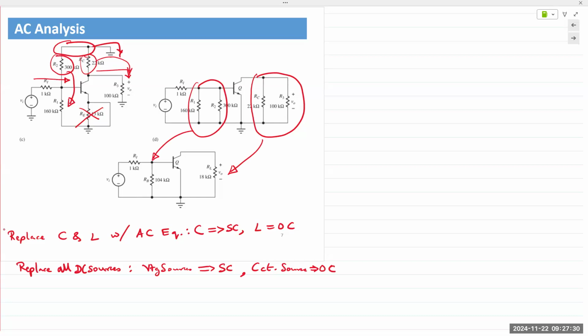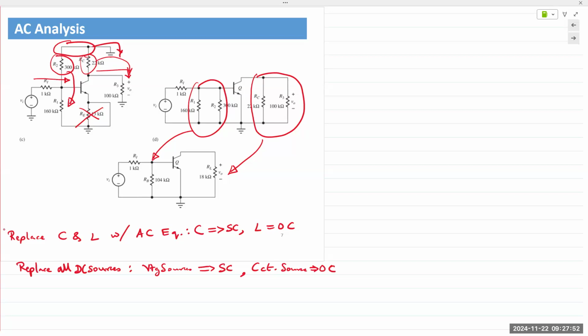This, of course, is just because it's a simple 4-resistor bias circuit. If it was a different circuit, different connections, different reductions. In this case, it just so happens that RC, the collector resistor, and the base resistor are in parallel on the input and the output side.